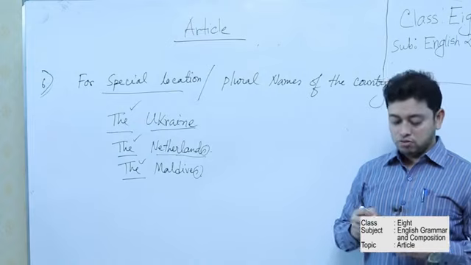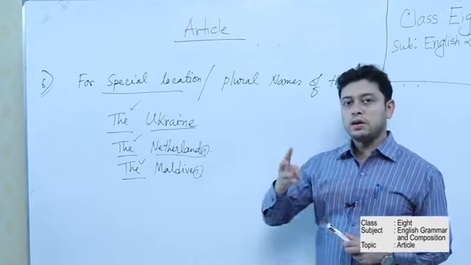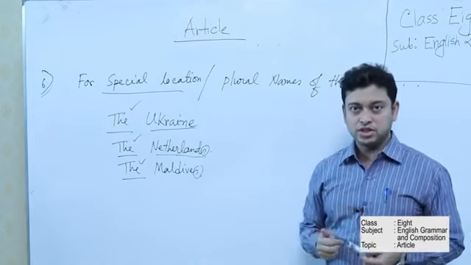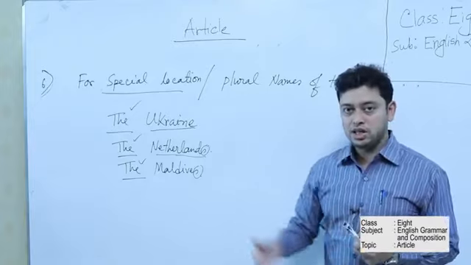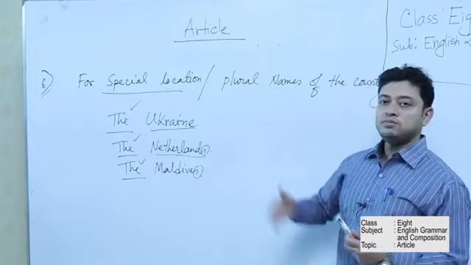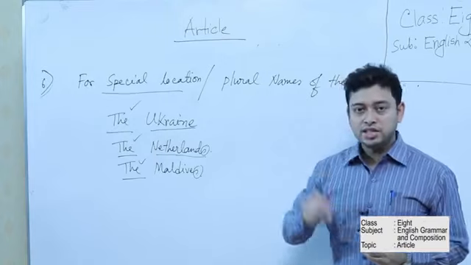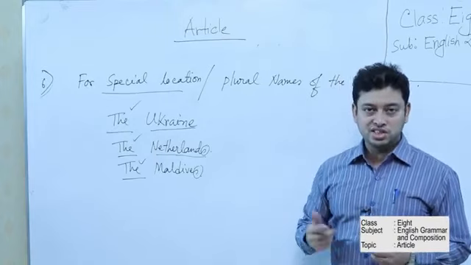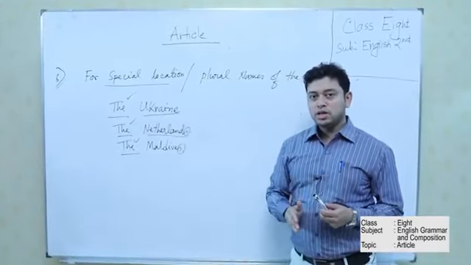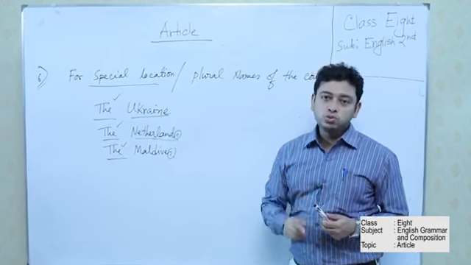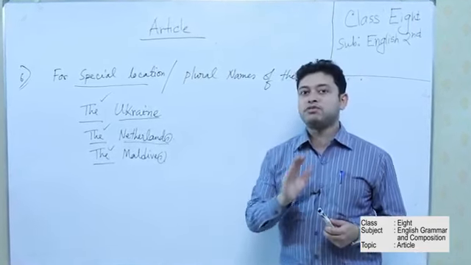Remember, dear students, we have discussed so far three rules based on the names of different countries. For geographical location it is changing, for plural names it is changing, for the word united it is changing, for the word union it is changing, but usually we should not use any article before the name of any country.